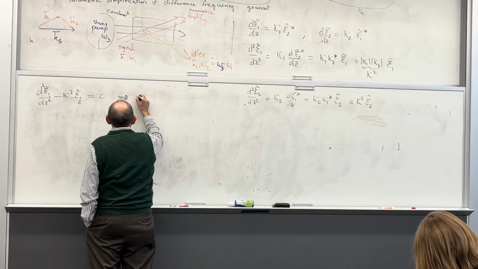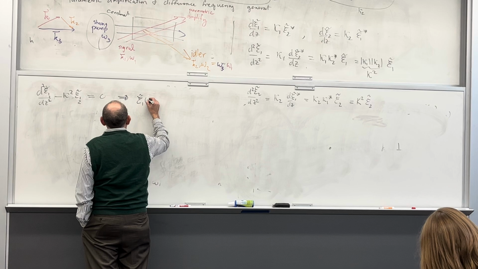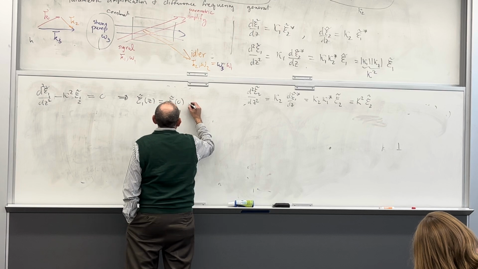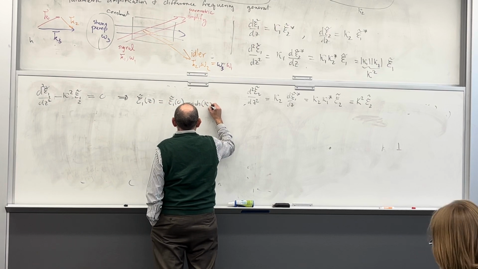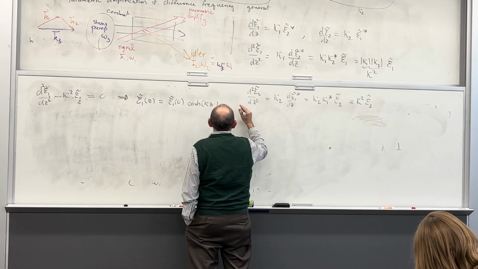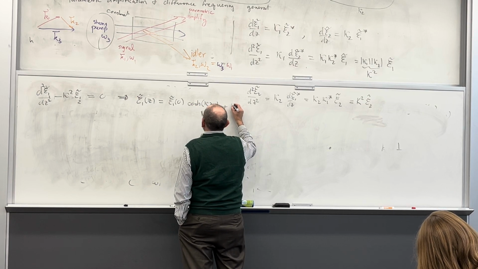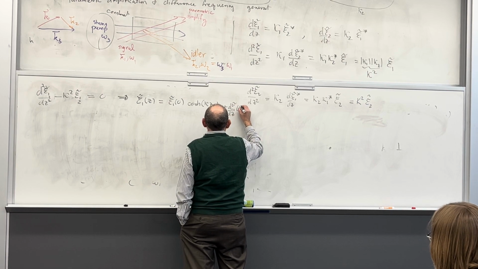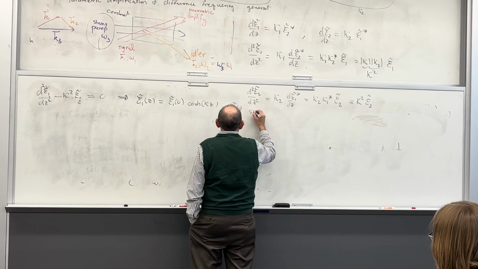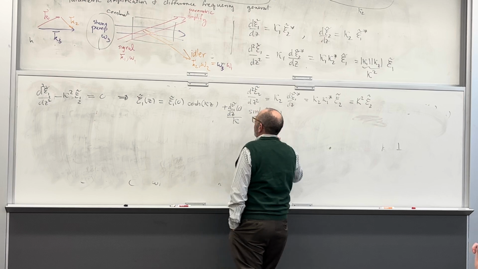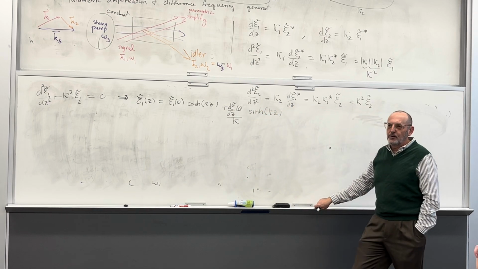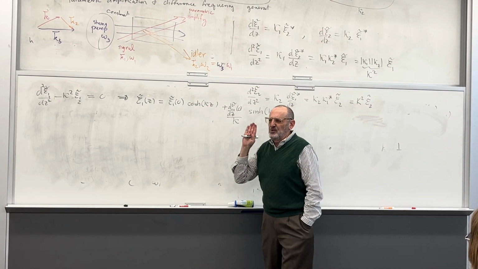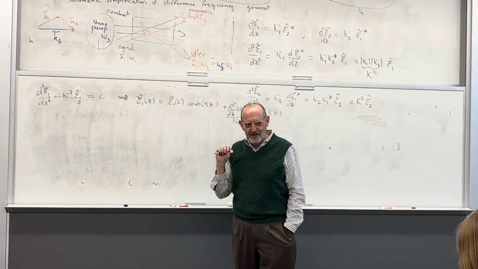So this says that E1 at Z is equal to E1 at the input cosh of kappa Z plus E1 derivative at 0 divided by kappa sinh. That's the solution to that differential equation given the two initial conditions on the initial value and its derivative. Because we know how to solve differential equations, don't we?